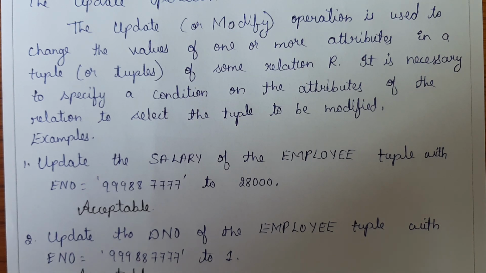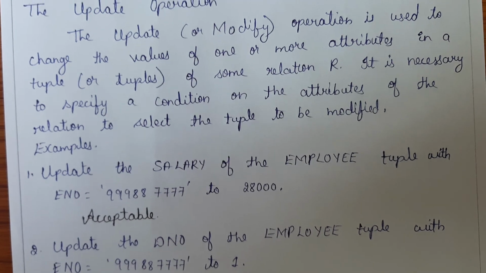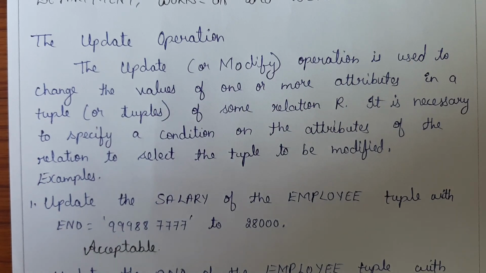Is it possible to modify? Because simply writing queries to delete any information is not possible, as it should satisfy some conditions. So before you perform these operations, take care of these conditions. The constraints are nothing but the conditions, and they have to be satisfied. So this is how we perform the basic operations in DBMS.